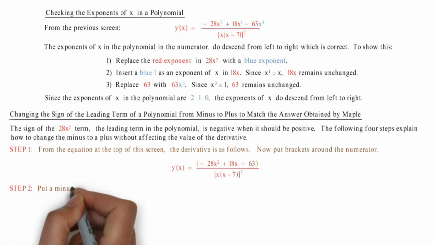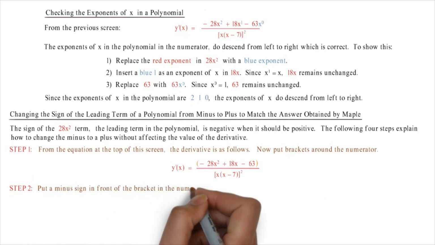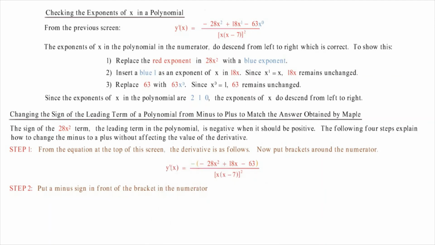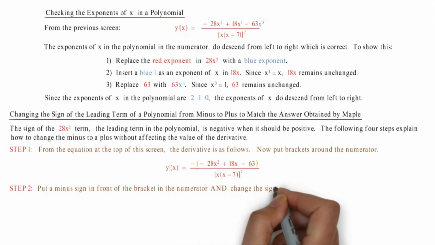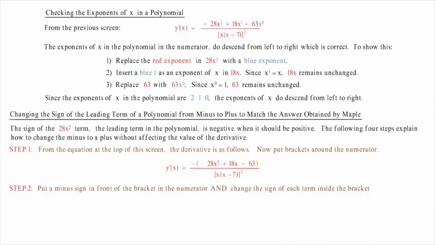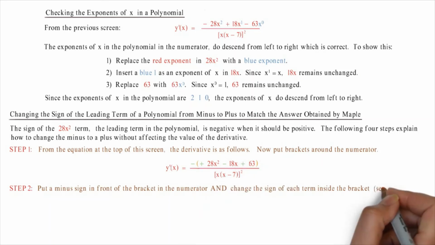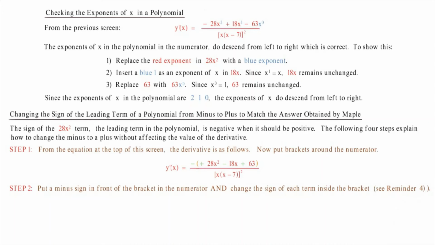Put a minus sign in front of the bracket in the numerator and change the sign of each term inside the bracket. See Reminder 4.